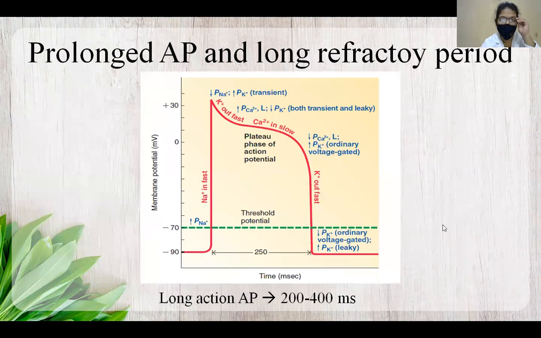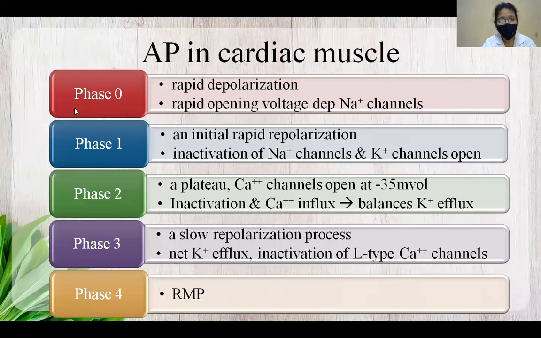Now coming to prolonged action potential and long refractory period, which are characteristics of cardiac muscle. As I told you, the action potential is almost as long as 200 to 400 milliseconds. Looking at the phases, we have phase 0, which is known as rapid depolarization.